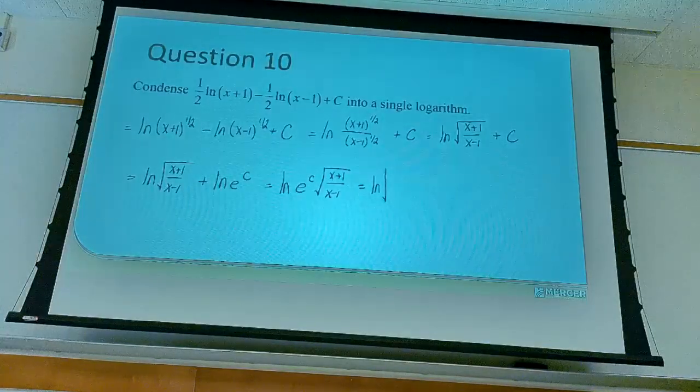But it can't be e to the c, because again, same argument. 5 versus root 5, are they the same? So it would just be c. What is the opposite of the square root? Power of 2. So make that e to the 2c under the square root, and it's the exact same thing, because that'd be e to the c squared.